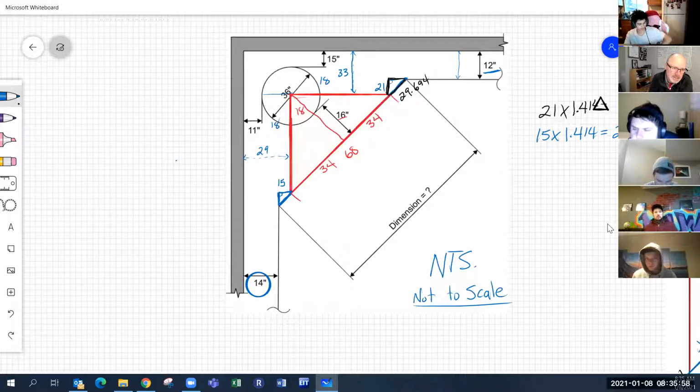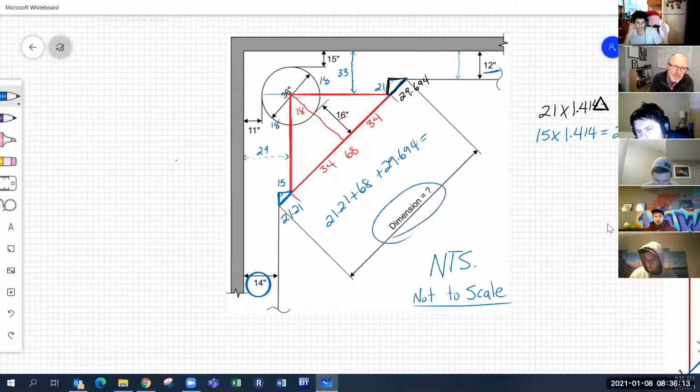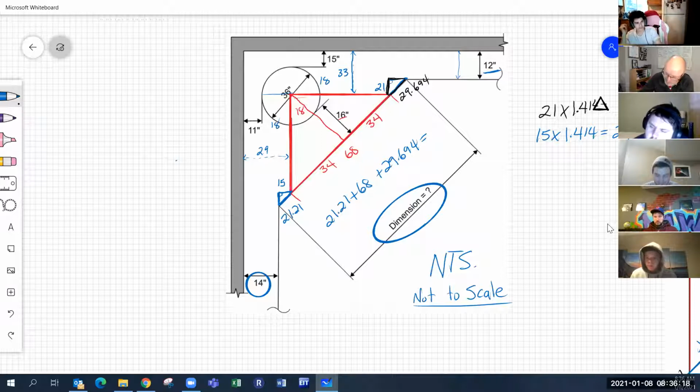So this line is 21.21. And now I add these together. So that's 21.21 plus 68 plus 29.694. And that would be my dimension there. 118.9. Thank you, that is 118.9, the unknown dimension.